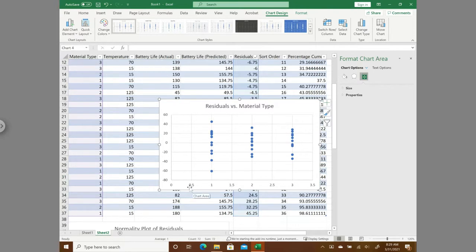Last time I said the x-axis scale was okay because temperature was a quantitative variable. Here we cannot have 0.5 and 1.5, because material type is not a quantitative variable. We have basically three material types, and they are not quantities, they are different material types. So we may want to fix our scale.